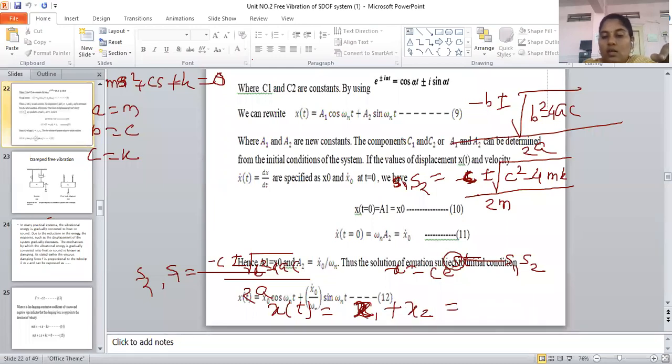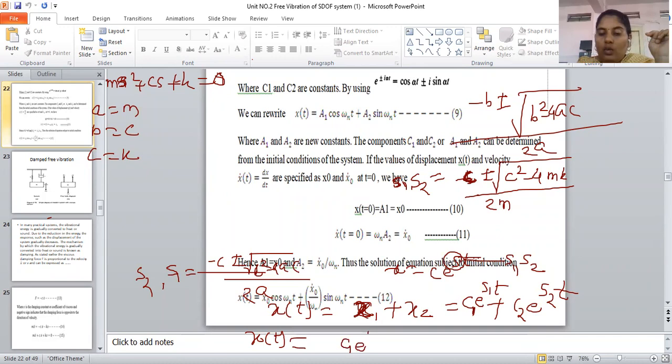So what is x1? x1 is c1 into e raised to s1t, and the second one is c2 into e raised to s2t. Because there are two roots from this quadratic equation, s1 and s2, the total equation becomes c1 into e raised to s1t plus c2 into e raised to s2t.